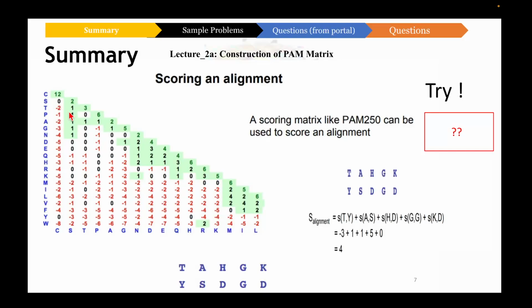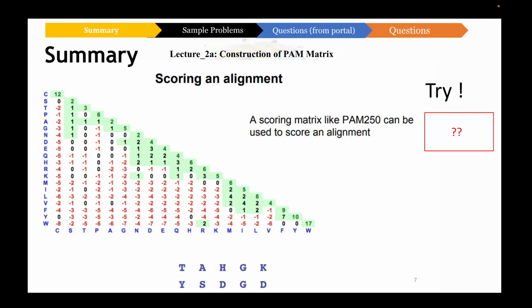Sorry, T and Y. So T here and Y on the Y axis. Actually, I have given a symmetric matrix, so even if you build it the other way, the matrix looks the same. So Y and T is minus 3, where my cursor is exactly.